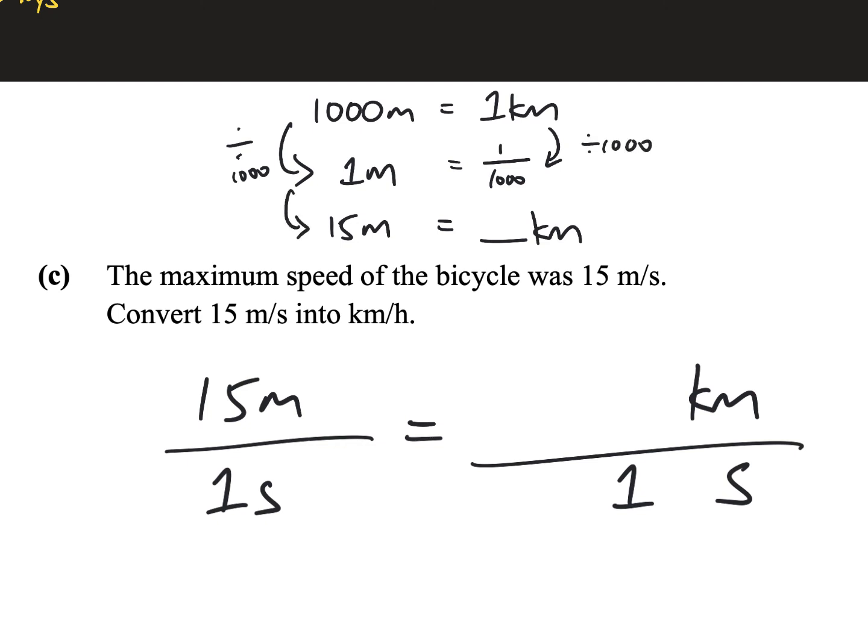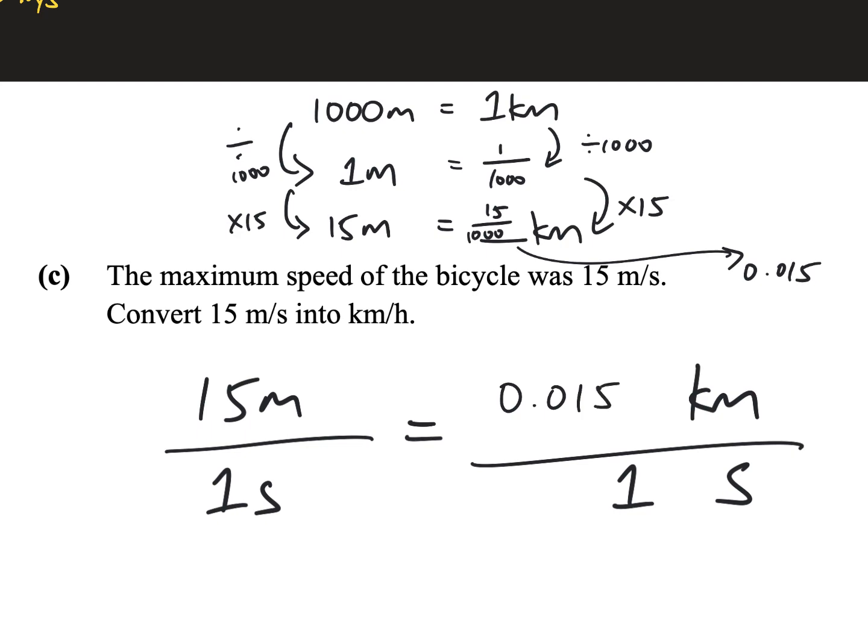And then over here, we multiply by 15. So over here, we also multiply by 15. So this is actually 15 over 1,000, which gives me 0.015. So this is really 0.015 km in 1 second.